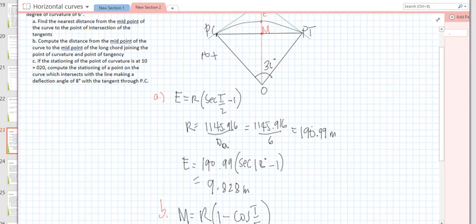And for letter C, if the stationing at point of curvature is at 10 plus 0.20. Compute the stationing of a point on the curve which intersects with the line, making a deflection angle of 8 degrees. So in any point daw here, so nagkaroon siya of deflection angle of 8 degrees.